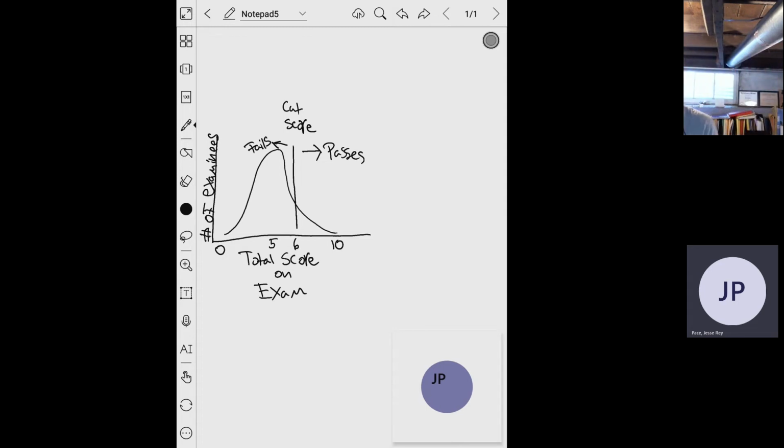There's a couple of really important things to talk about here. When we choose this cut score, no matter where we put it, there are going to be people, just due to random error, who might not pass when they should have.